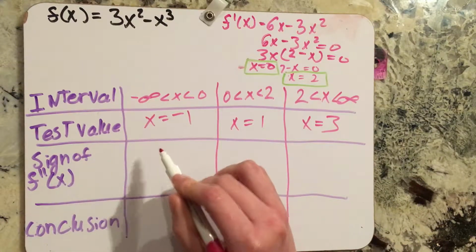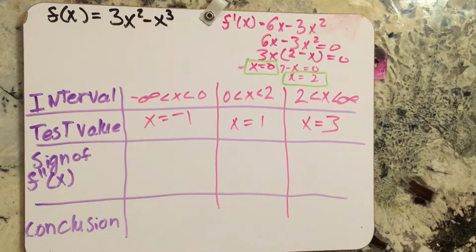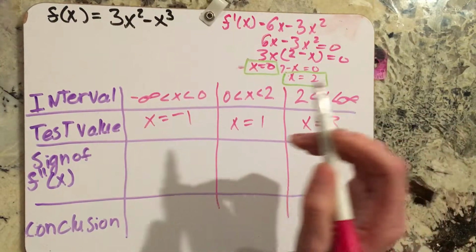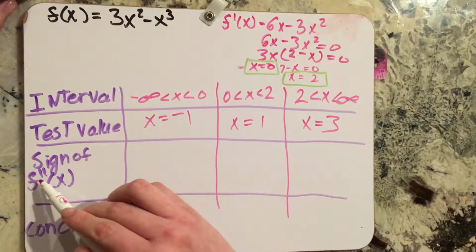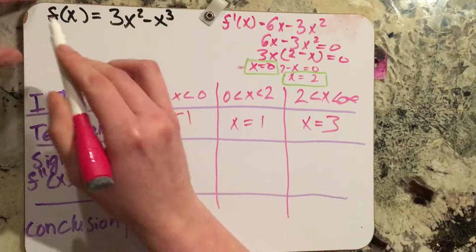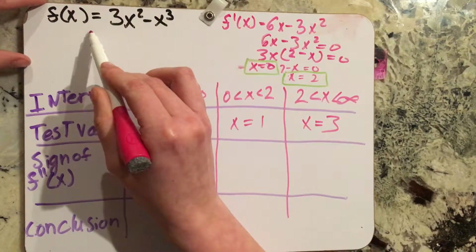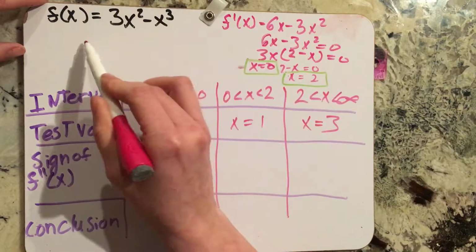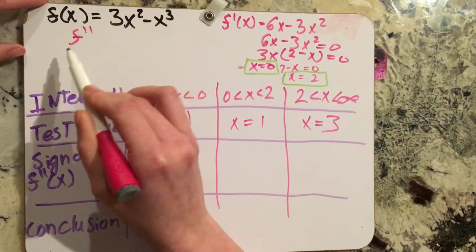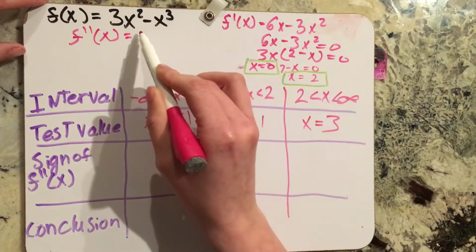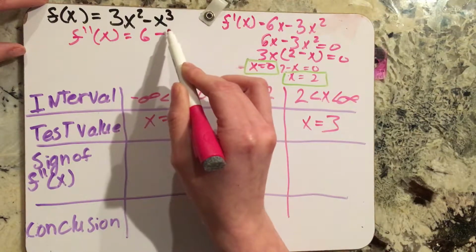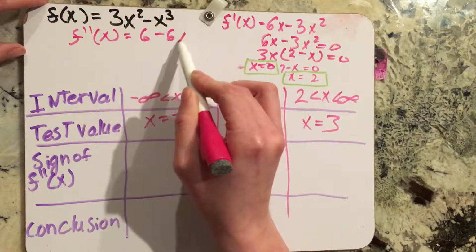And now this is where it changes from determining increasing and decreasing functions. We're going to use the second derivative and the sign of the second derivative. The second derivative of this equation is going to be 6 minus 6x.